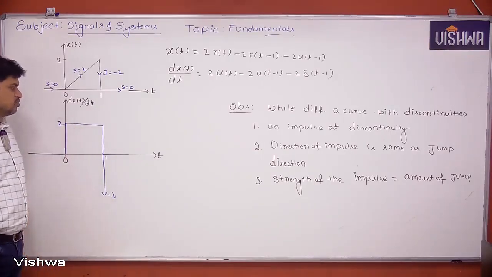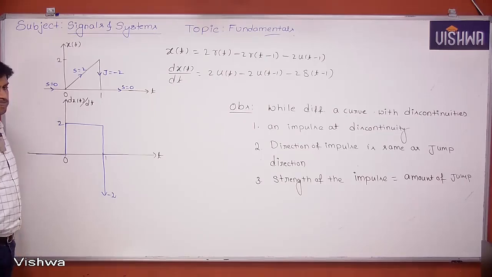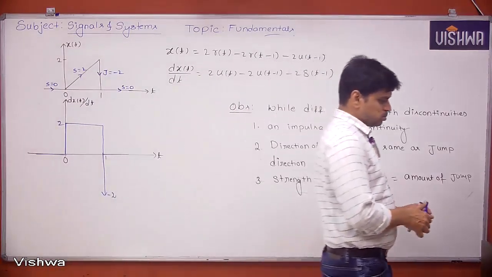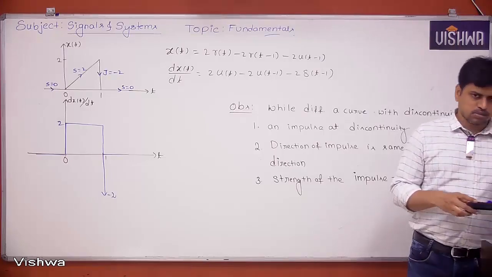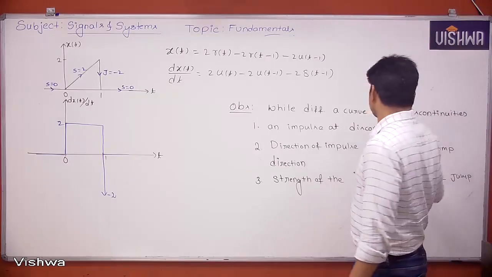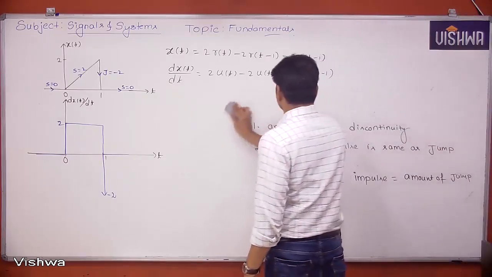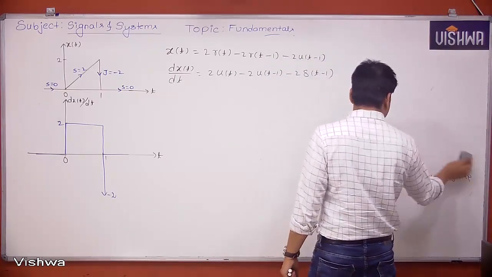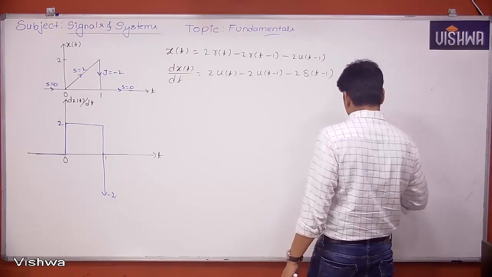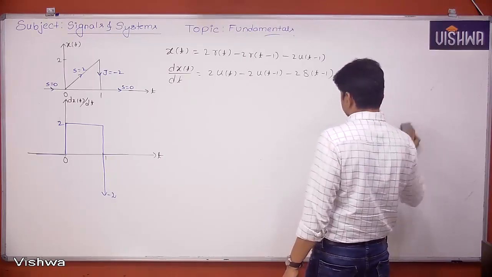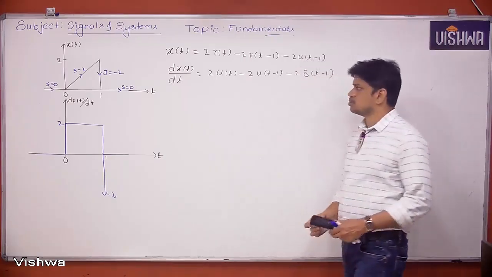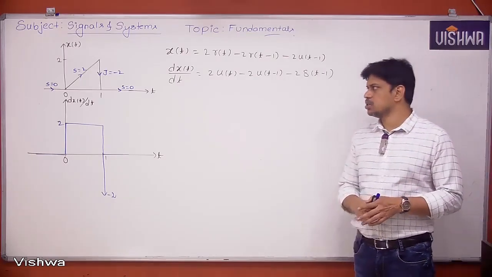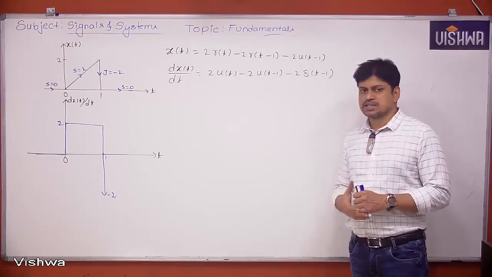That's what the function dx of t by dt is going to be. Okay, take it. So I hope you understood if the function is having both slope change as well as discontinuity.